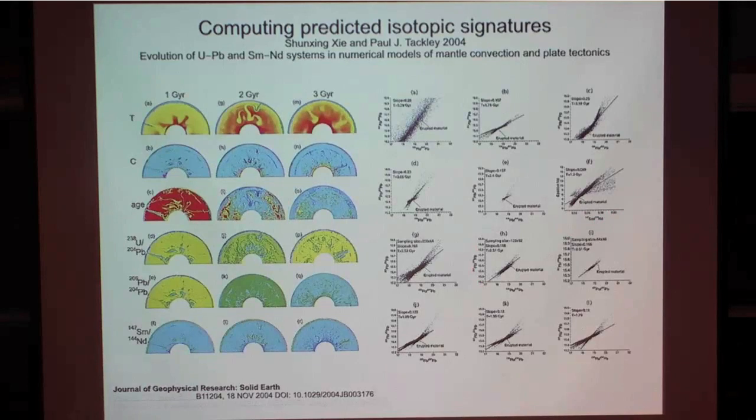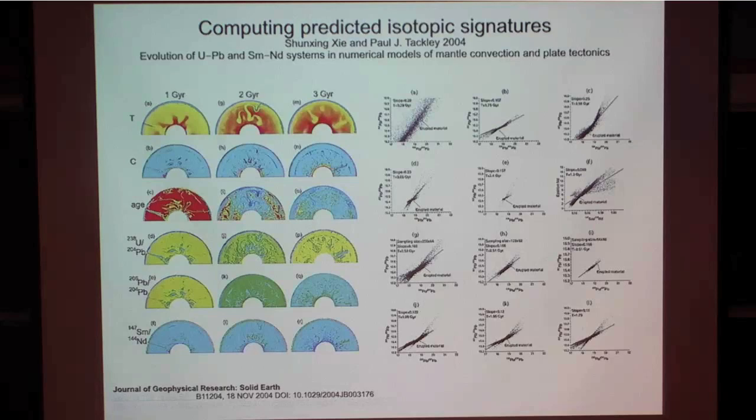So they basically are producing correlation diagrams between the different isotope systems that they're tracking, and then looking at what they should be. They use that to rule out models that don't have the slope that you would see predicted from observed mantle isotope geochemistry.